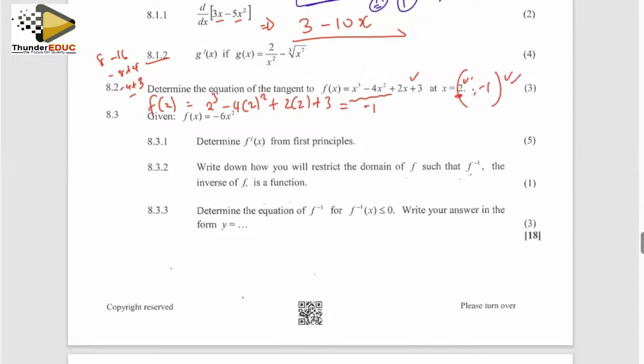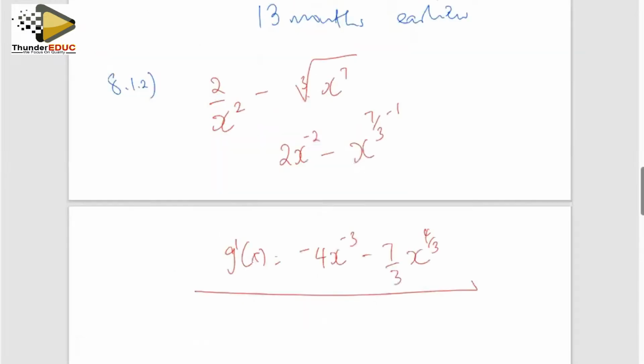Okay, that is the first step. Second step is for us to get the gradient. Okay, gradient, we have to find the first derivative. So it's x cubed minus 4x squared plus 2x plus 3.